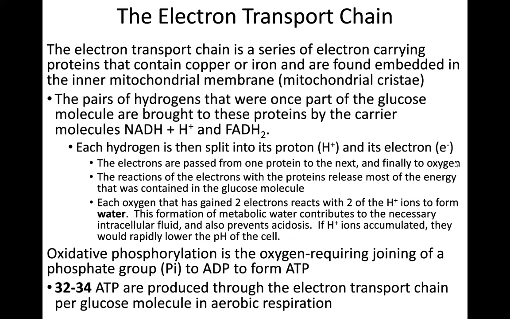Okay, the reactions of these electrons with the proteins release most of the energy contained in that glucose molecule. Each oxygen that gains 2 electrons reacts with 2 of the hydrogen ions, and that forms water, H2O. So that's where the H2O water comes from. Okay. Once again, this contributes to intracellular fluid and also prevents acidosis, because if hydrogen ions accumulated, they would rapidly lower the pH of the cell.